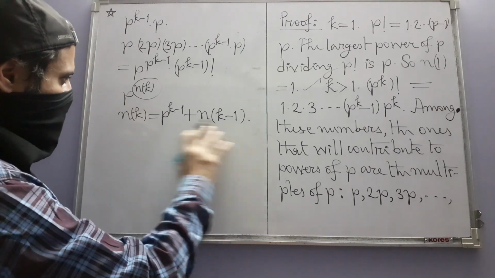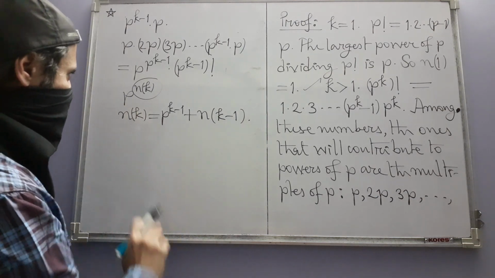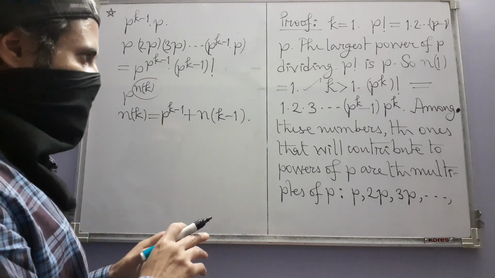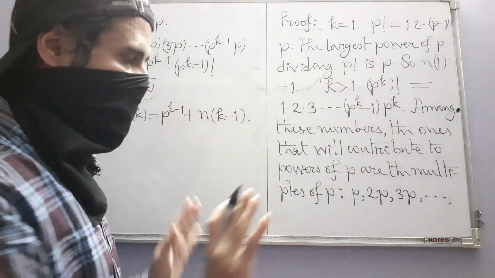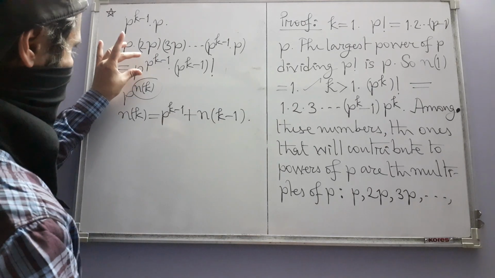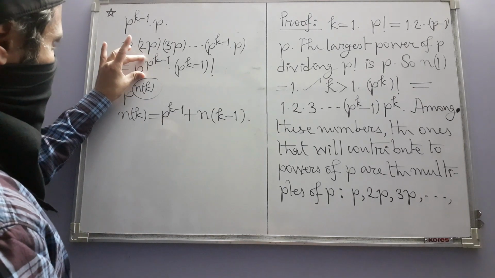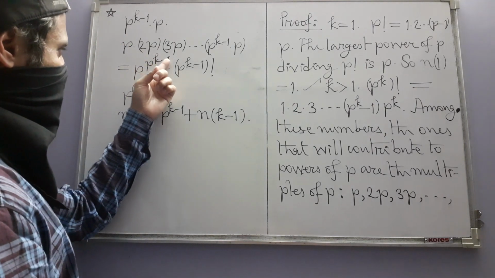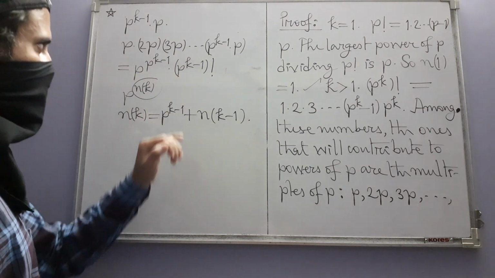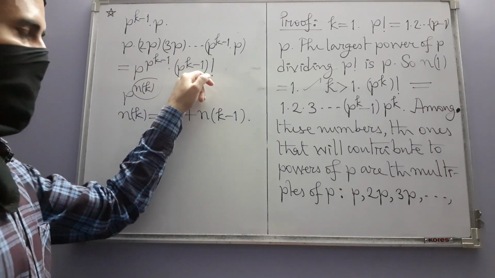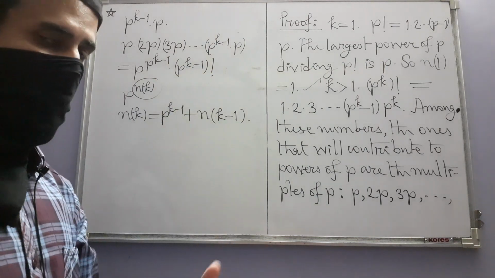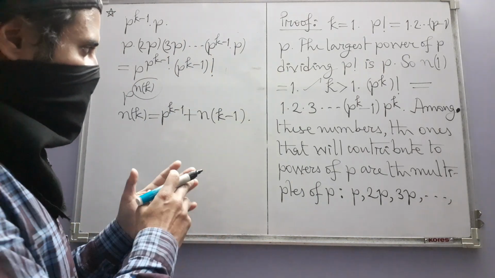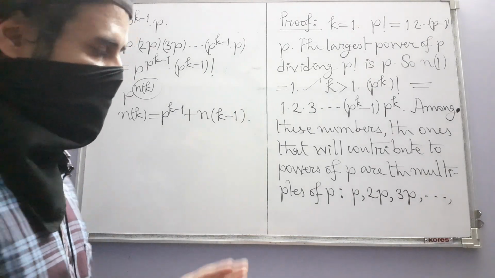Let's just go through it once more briefly. P to the power nk is the highest power of p that we are going to get here in the current situation. A part of it we can see here already, and the exponent is p to the power k minus 1. Whatever else there may be is going to come from here, and itself should be the largest of whatever else there should be.